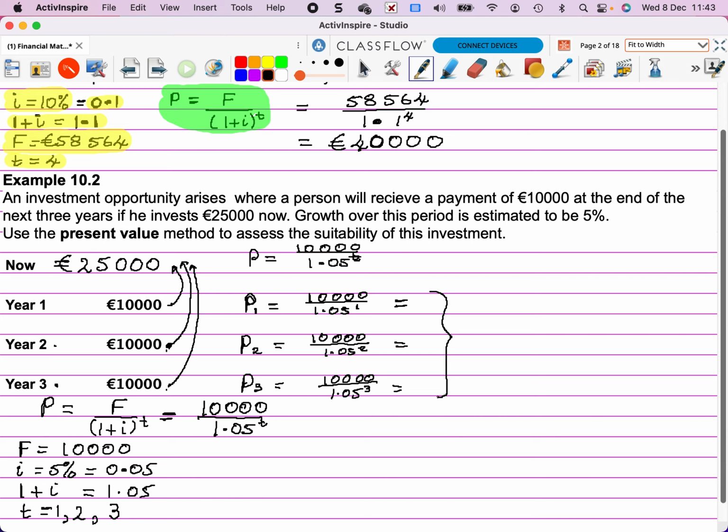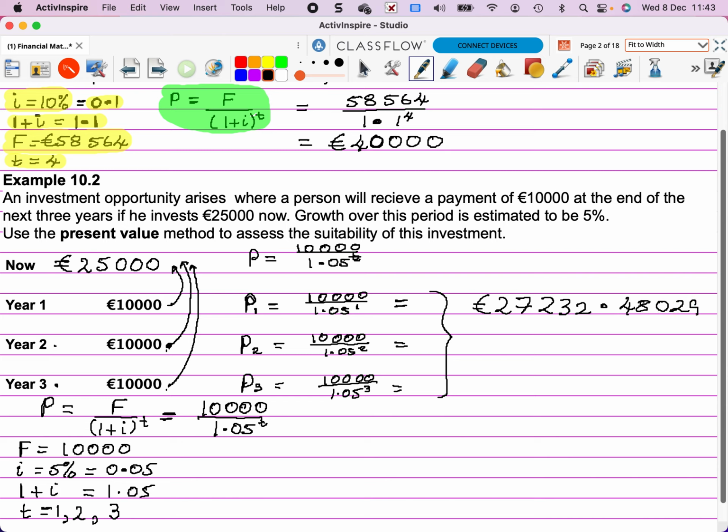I'd like you to pause the video at this stage and see if you can get the same total as me. When you've got your total, restart the video, and the total I've got is 27,232.48.